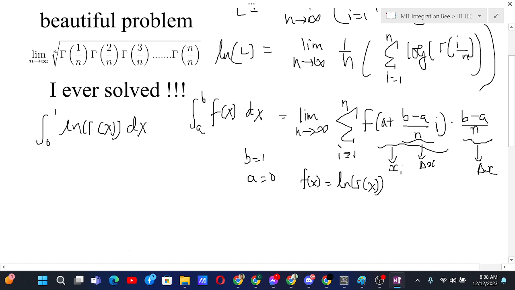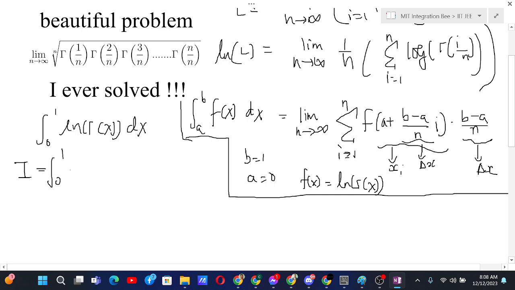We may not be able to find the indefinite integral, but the definite integral can be found using some ways. One of them can be like this. So let us suppose this integral as I, the integral from 0 to 1 of ln of gamma x dx.